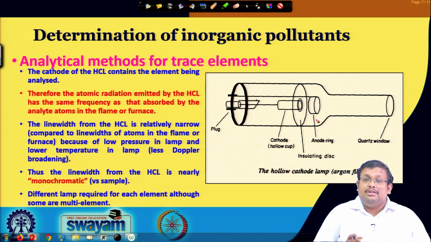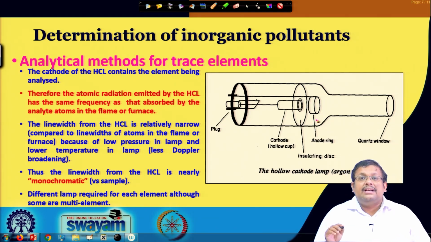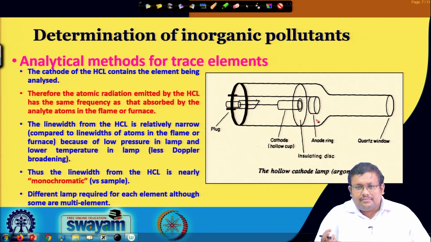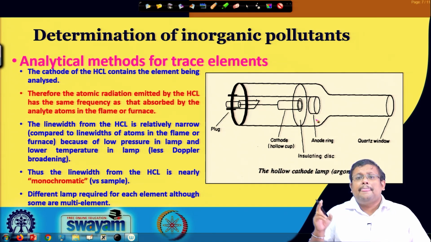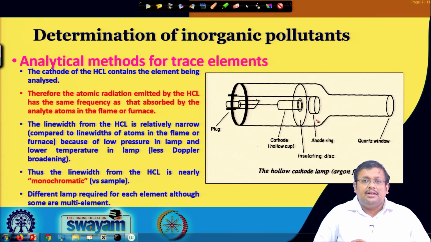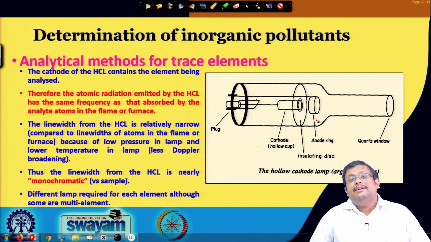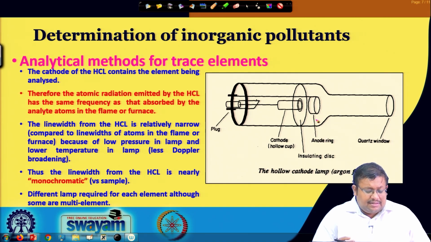That is why we are producing monochromatic radiation, which has a wavelength that coincides with the wavelength absorbed by the particular element. Different lamps are required for each element, although some are multi-element. So, this is a characteristic feature of AAS, that you need to use an individual hollow cathode lamp for each element.